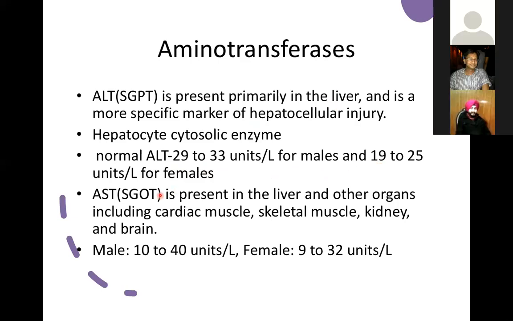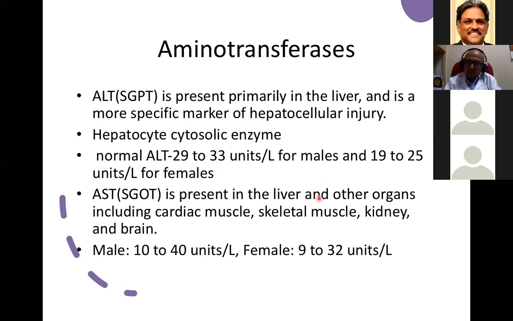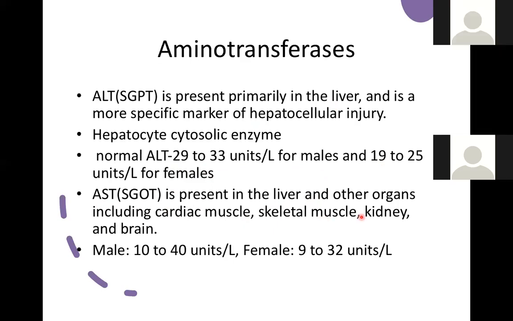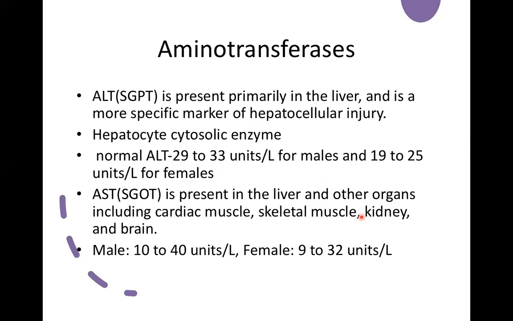And then the other enzyme that we look at is the AST, aspartate transaminase, and it's present in the liver. But the problem with AST is that it's also present in other organs, mainly cardiac muscle, skeletal muscle, kidneys, and the brain. So the problem with a raised AST is that it could rise due to injury to the heart, as in a myocardial infarction. It can go up when somebody has a skeletal injury or even an intramuscular injection.